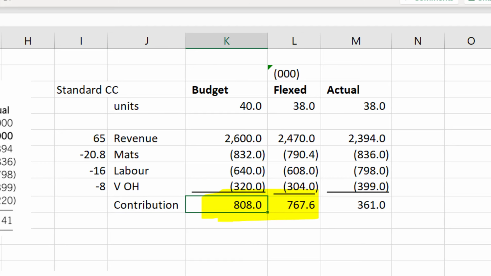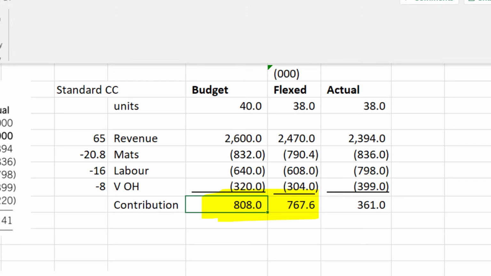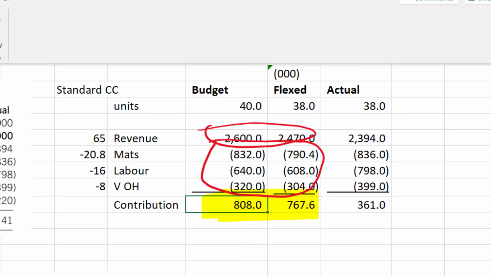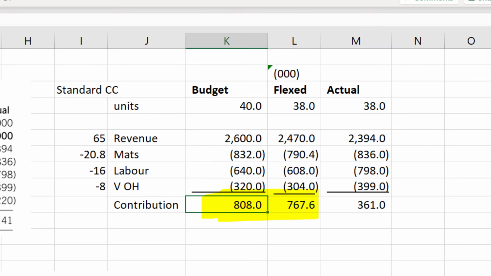Now, a common mistake is to use the top line here. The name of the variance is sales volume, so people go here. But guys, that doesn't really work. Yes, we earn less revenue if we sell fewer units, but we also incur lower variable costs. So the net effect of selling fewer units is less contribution.